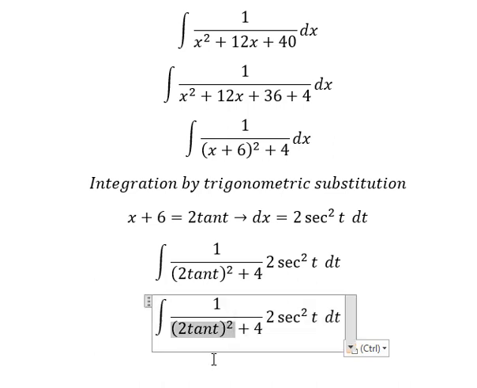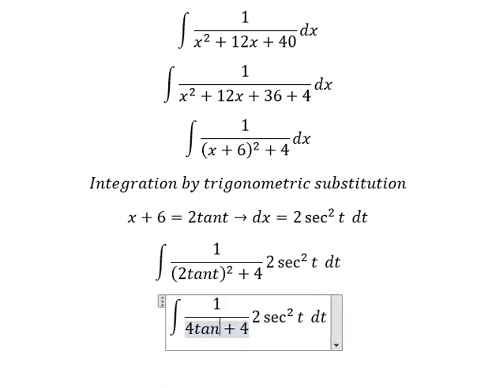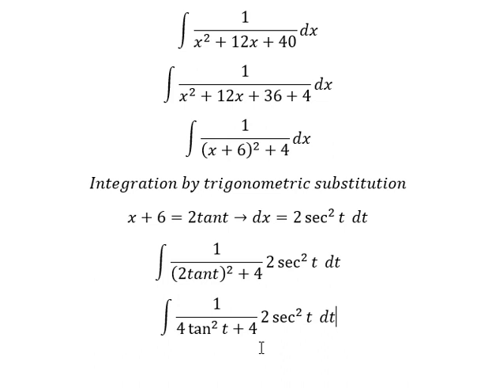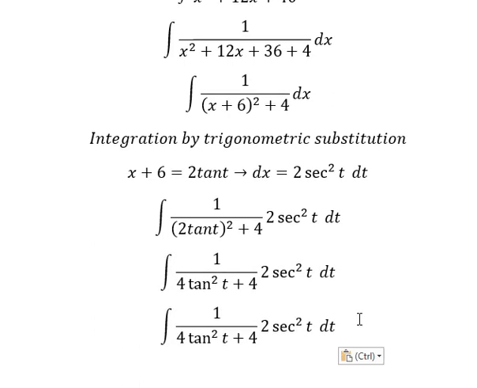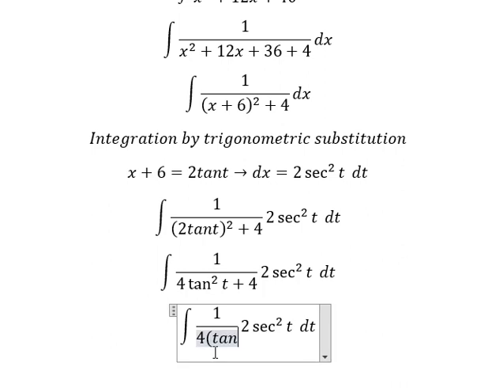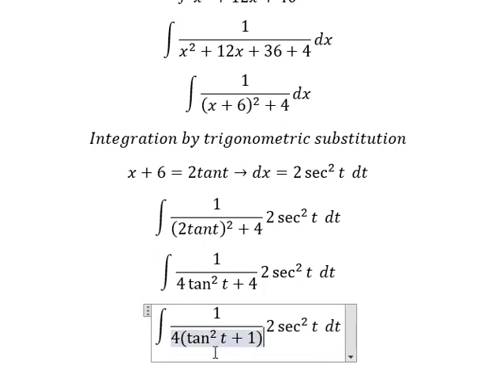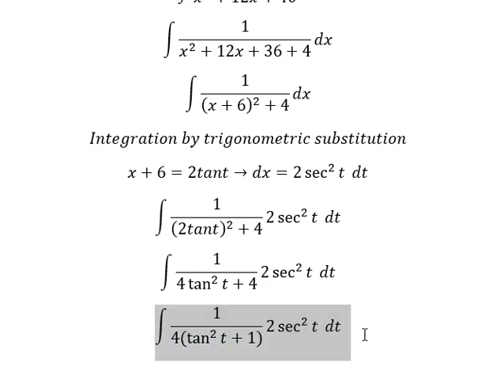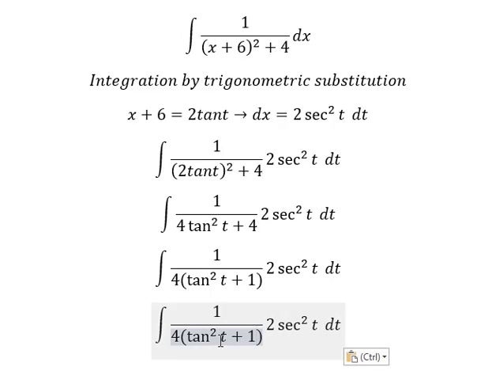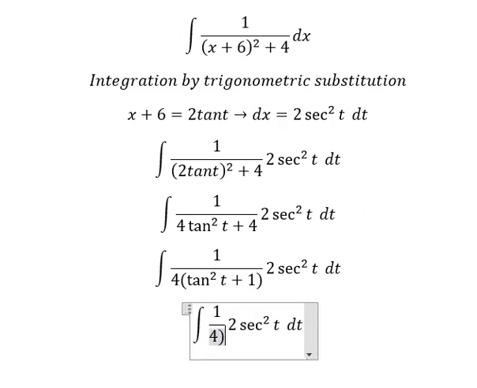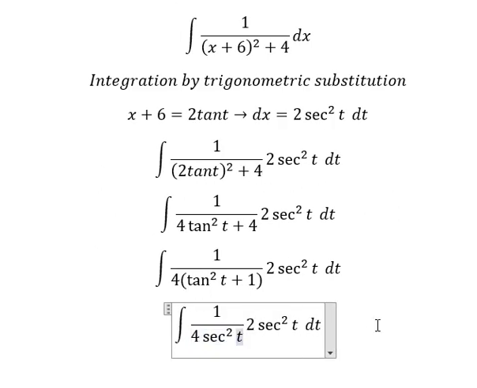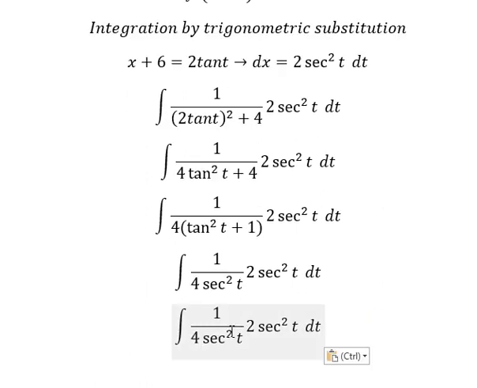So this one is number 4 tan t square. So number 4 and number 4, we can do factorization. This one is secant of t square, and later we simplify, and you got 1 over 2.